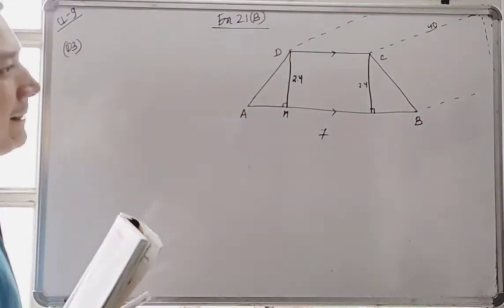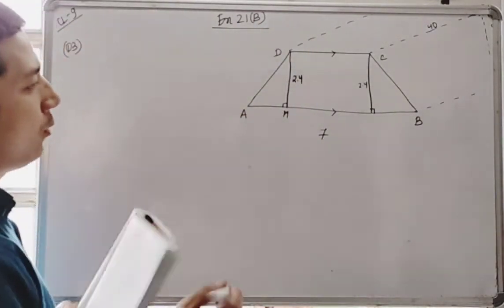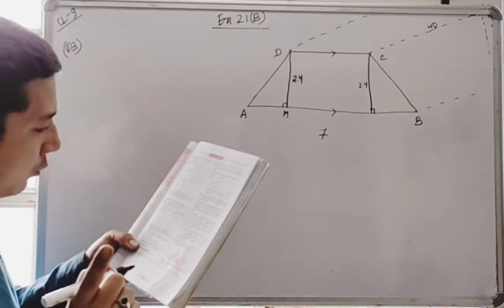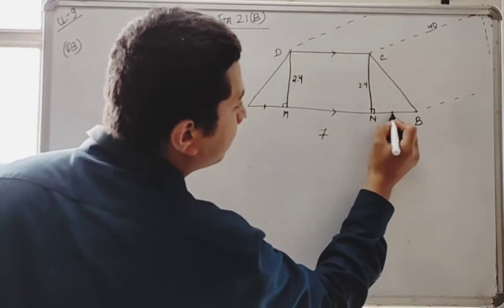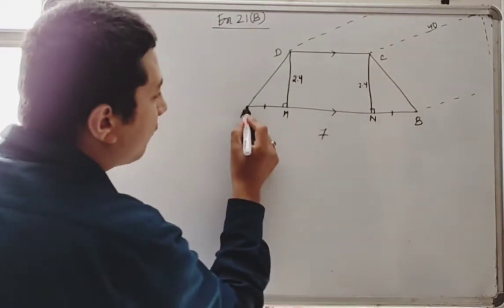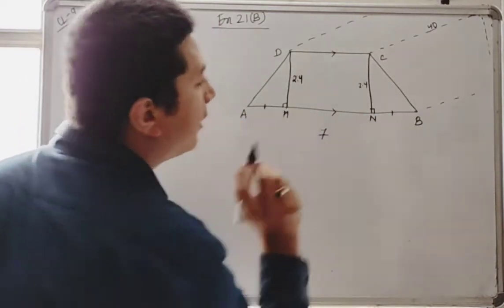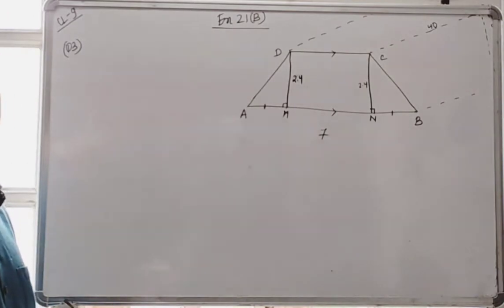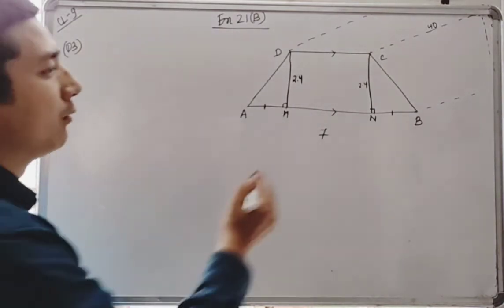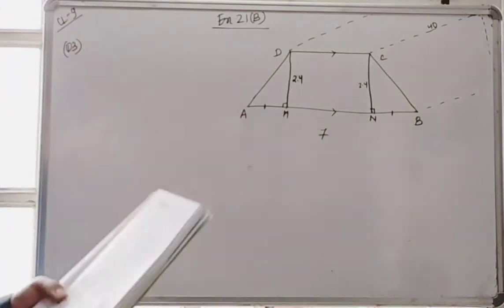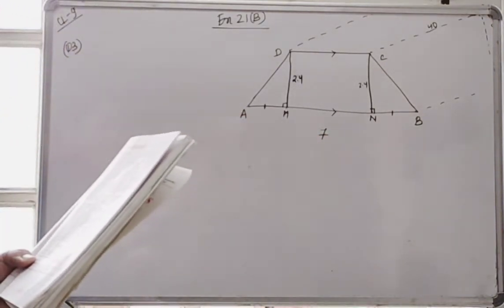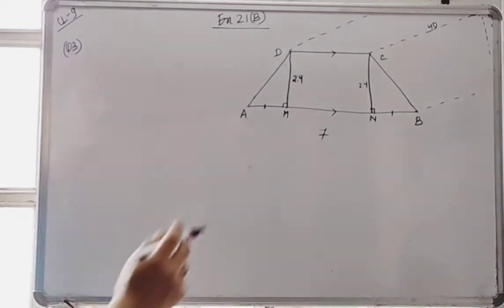Now, also given to us AM equals BN. This length from here to here and from here to here, they are equal. Furthermore, CD equals 5.